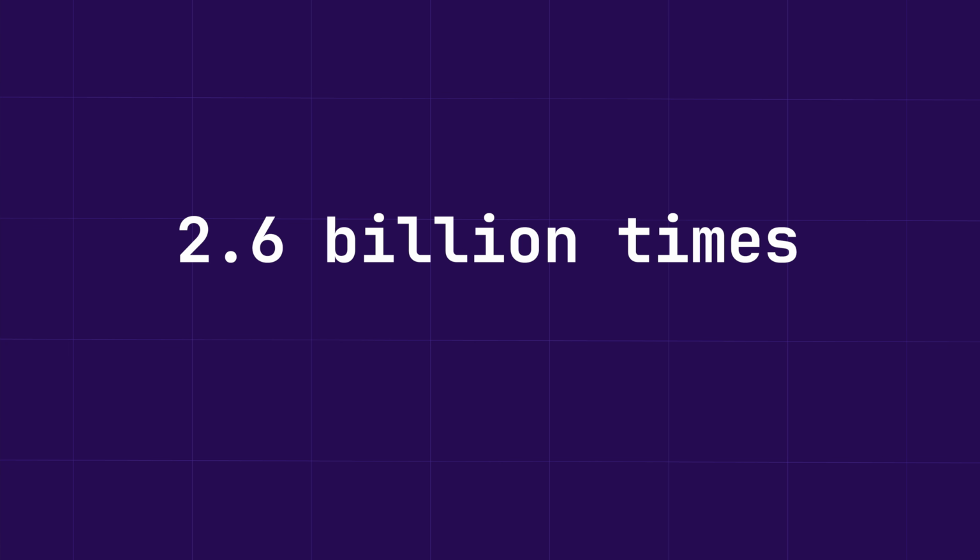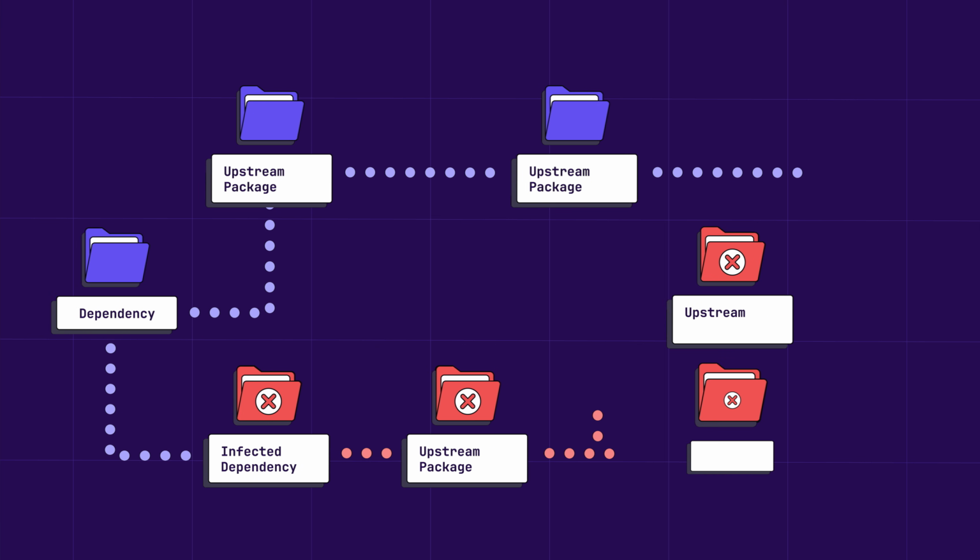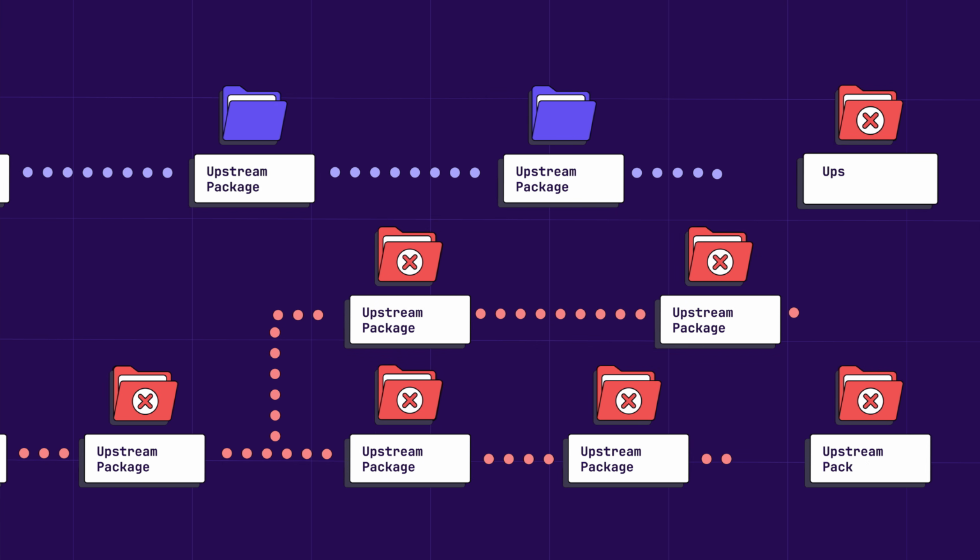For example, in 2025, Debug, Chalk, and ANSI styles were all compromised via one phishing campaign. In total, the packages compromised in this one attack were downloaded 2.6 billion times a week, right? The impact of that was massive. Attackers love to target this type of supply chain because they can have massive spread. They put malware in one package and it can go across into millions of applications.